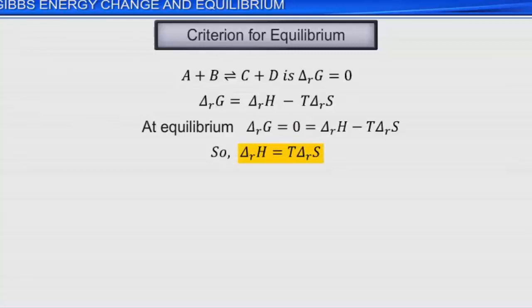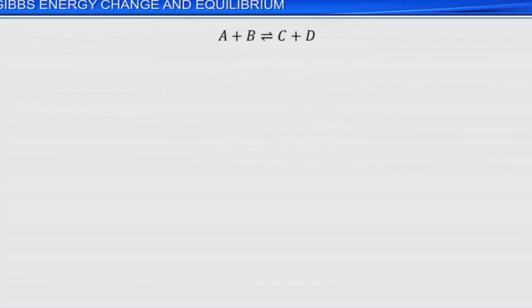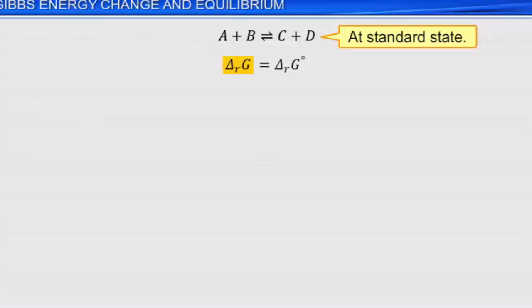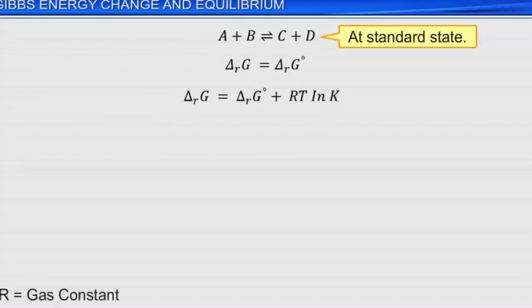If all the reactants and products are in standard state, then delta rG becomes delta rG naught. That is, change in Gibbs energy at standard state. This can be expressed as delta rG equals delta rG naught plus RT log K, where R is gas constant, T is absolute temperature, and K is the equilibrium constant for the reaction.